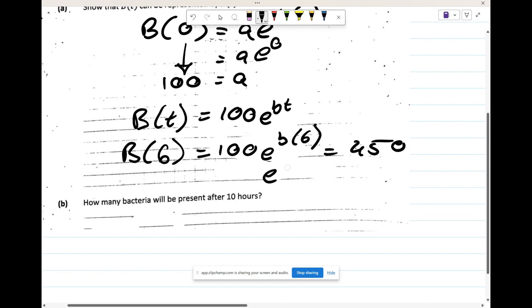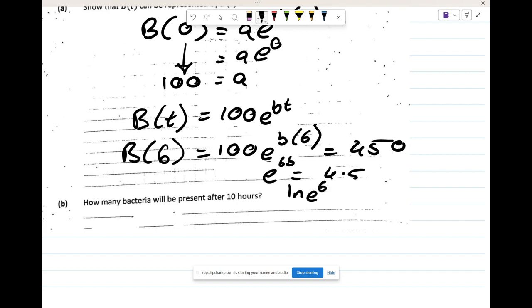Okay, we want to find B, so let's divide by, our B is up in the e, so let's divide by this 100 and multiply this B by 6, B6. So 450 divided by 100 is 4.5. And our B is stuck up in the e, and we know that the opposite of e is ln.